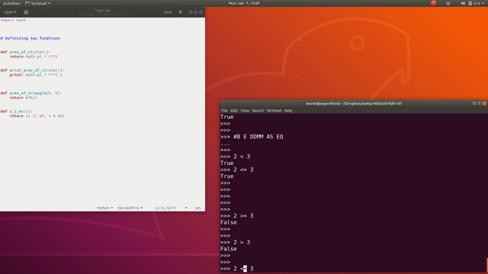And there's the inverse of the equality operator, which asks you, are two things not equal? Is 2 not equal to 3? 2 is not equal to 3. That's true. So when you're not sure what exactly this means, just try saying it out loud. 2 is not equal to 3. That makes sense. Good. If you say 2 equals 3, that doesn't make sense, so it must be false.